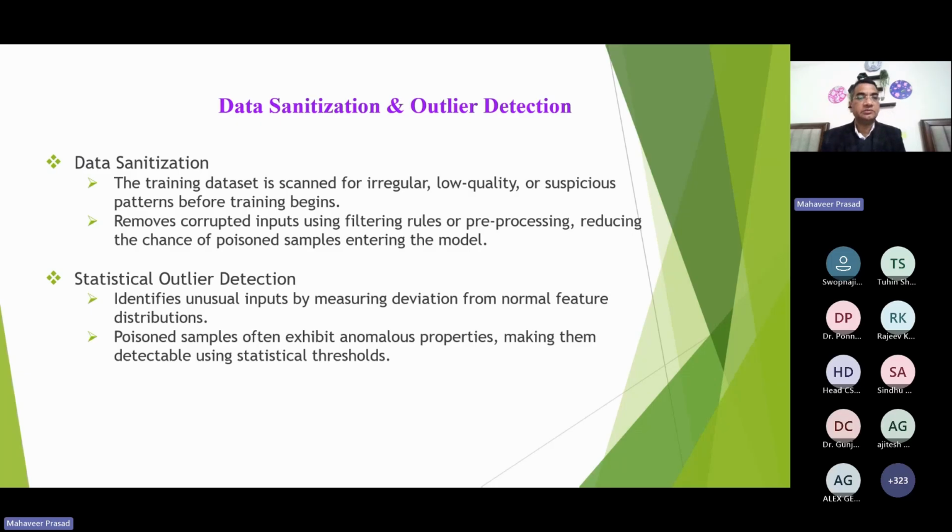Statistical outlier detection identifies unusual input by measuring deviation from the normal feature distribution. Poison samples often exhibit anomalous properties, making them detectable using statistical thresholds. So there are techniques we can use to detect these kinds of attacks.